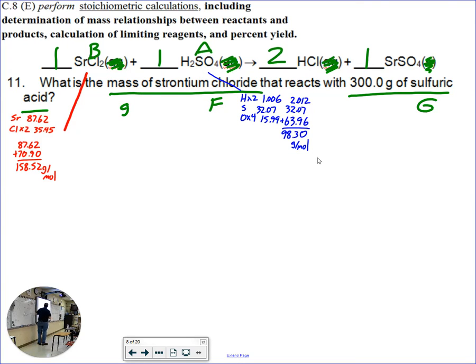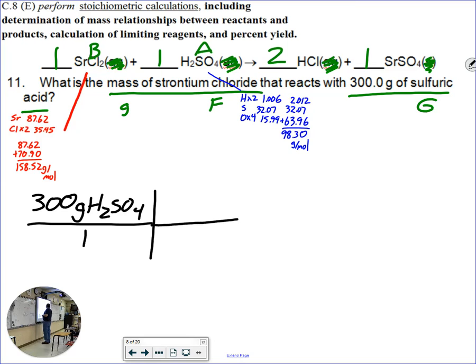We're going to start with what we're given, which is 300 grams H2SO4 over 1. Our first hop, we're going to change grams into moles, so we're going to need stuff from this step right here.